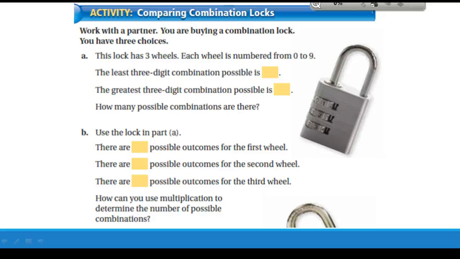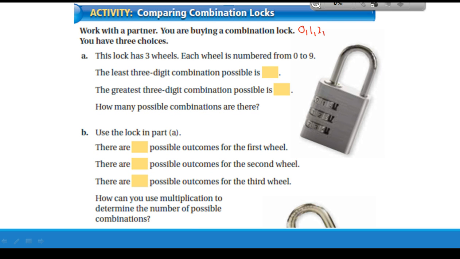Okay, so let's look at this one. This lock has 3 wheels. Each wheel is numbered from 0 to 9. So 0 to 9 is actually how many numbers? You might think 0 to 9 is 9 numbers, but it's actually 10.